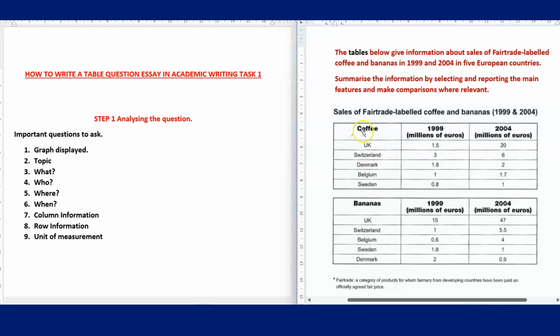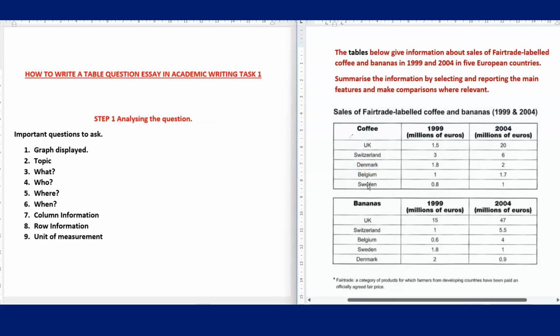Where was this research done? We know they are from 5 European countries, namely the UK, Switzerland, Denmark, Belgium, and Sweden. So these are the 5 countries that were labeled here.